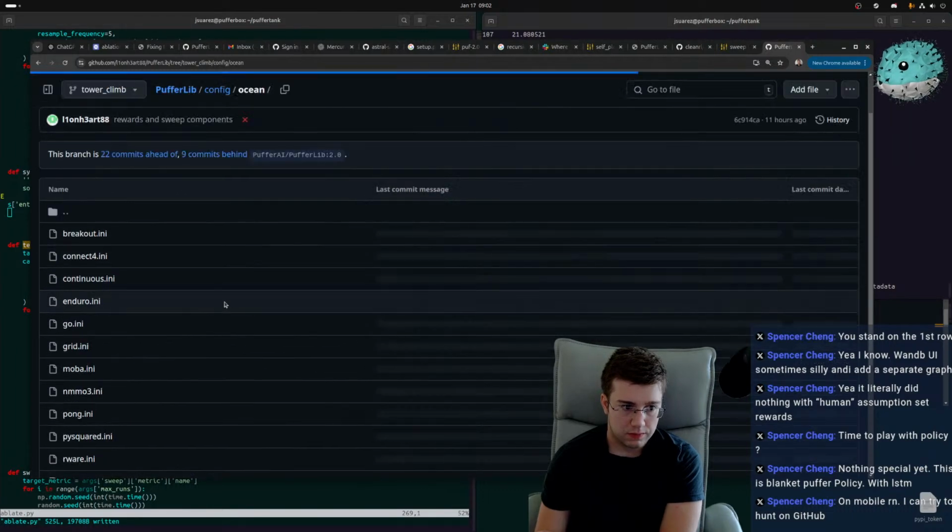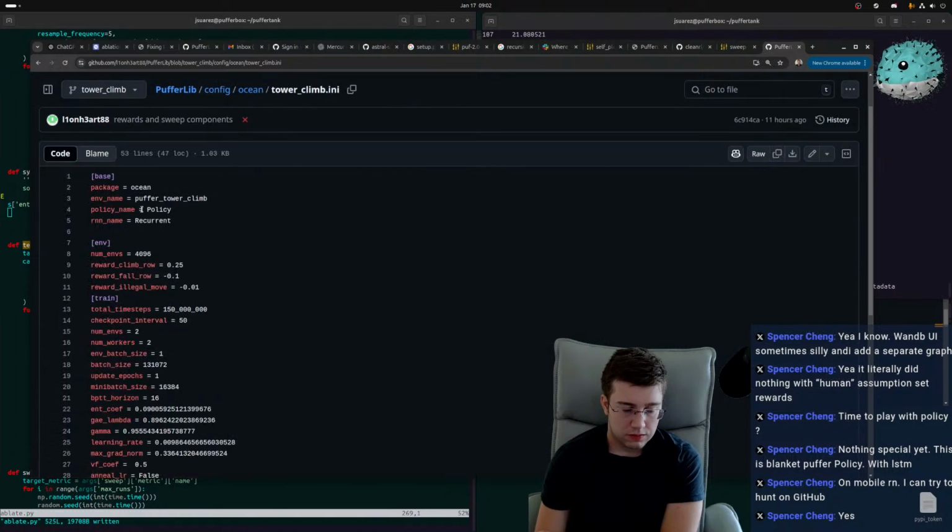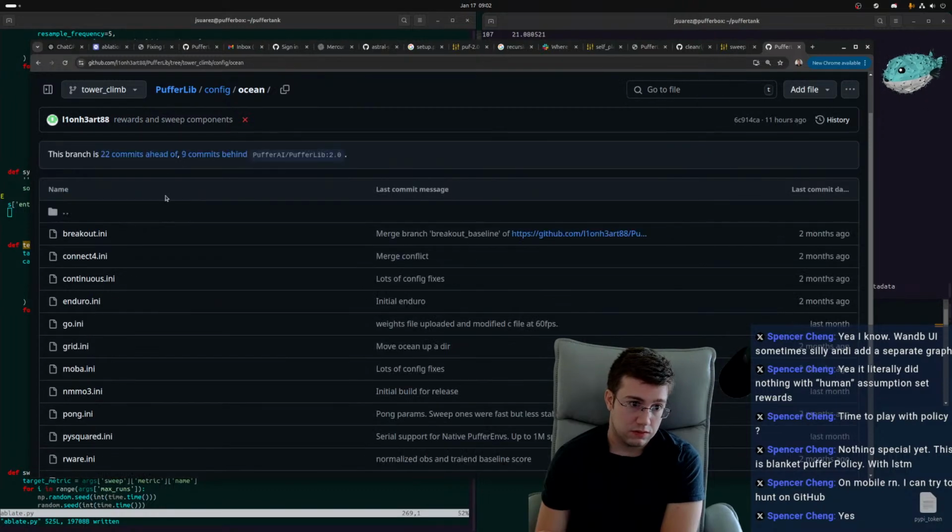Config. Oh geez. Yeah, man, this is a shitty policy. I'm surprised it does anything. So like literally that's just gonna flatten all the data.